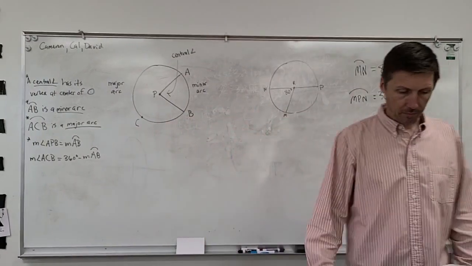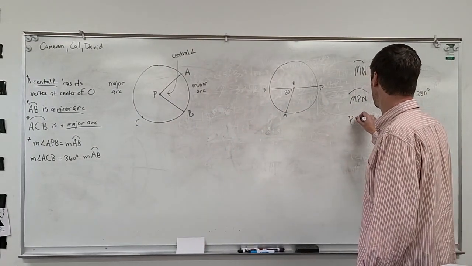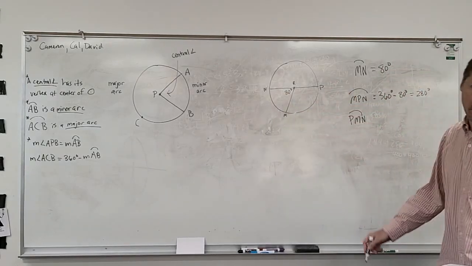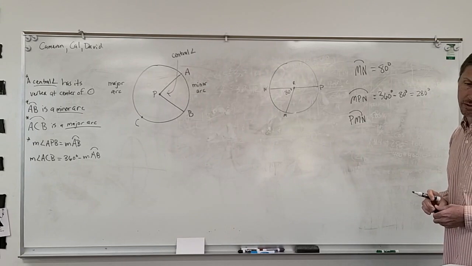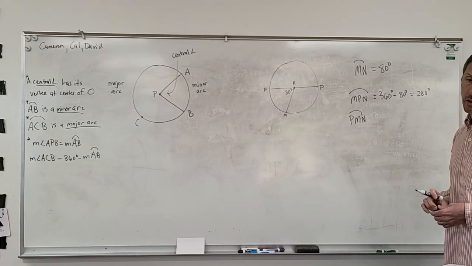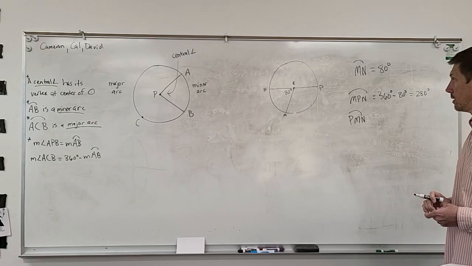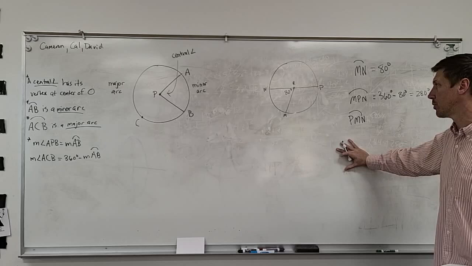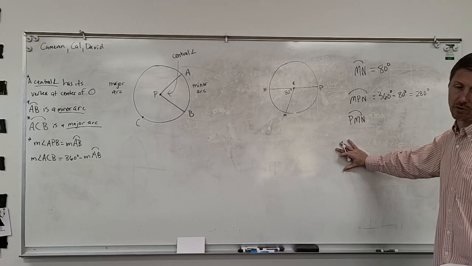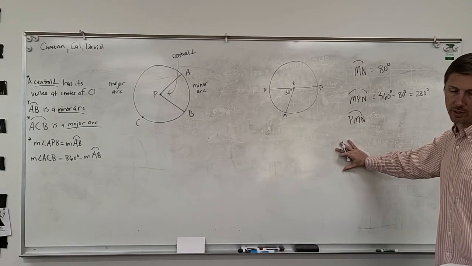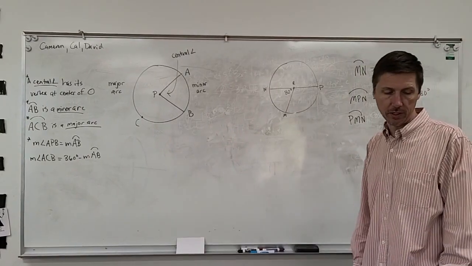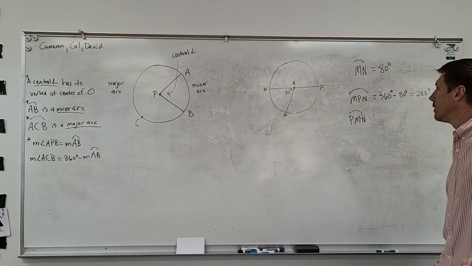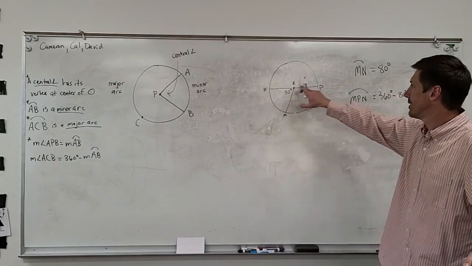And then finally, arc PMN. How do I know the measure of arc PMN? 180? Well, we don't necessarily know that for a fact. We're judging by the way it looks like it's drawn. It looks like a line that goes from N to P, and since it crosses through the center point R, then it's safe to assume that this is a diameter here.